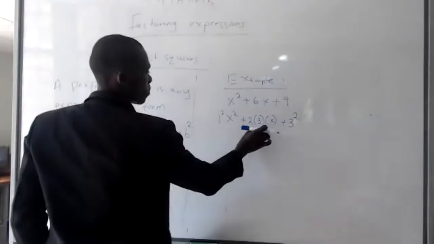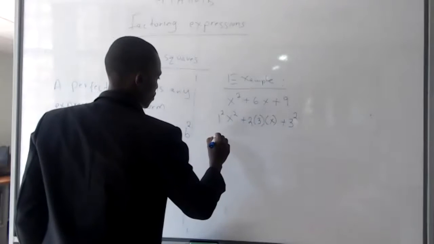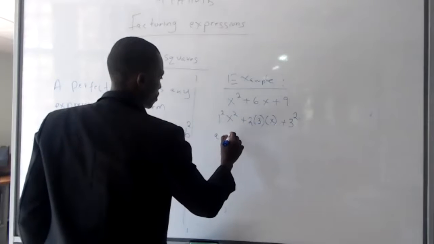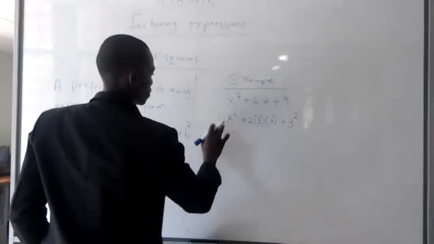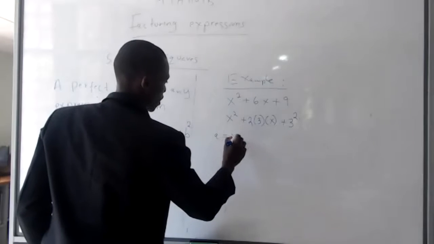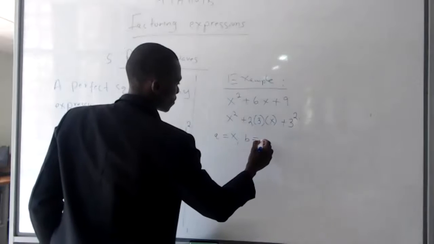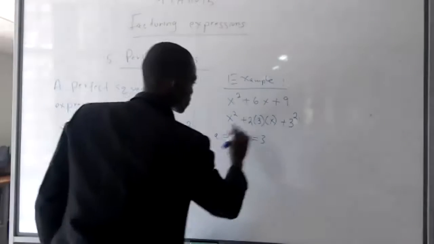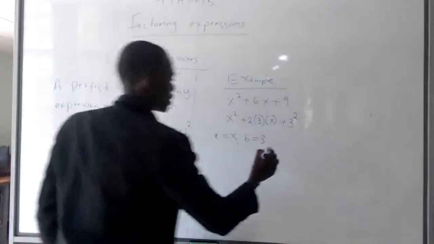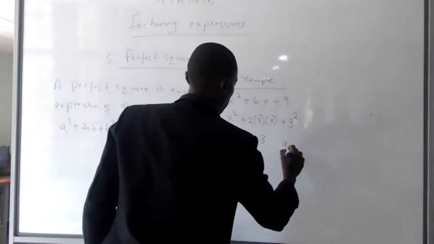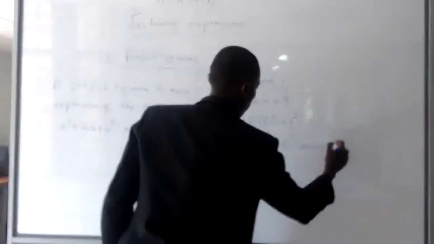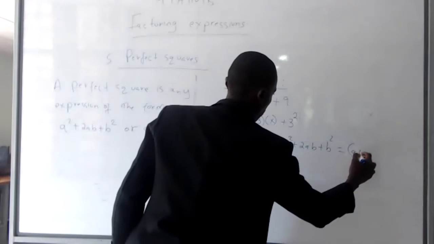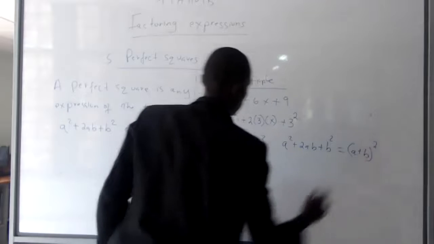Because this is positive, if I let my a be x and let my b be 3, then this is in the form a squared plus 2ab plus b squared. And we know that the factorization of this is (a plus b) squared.